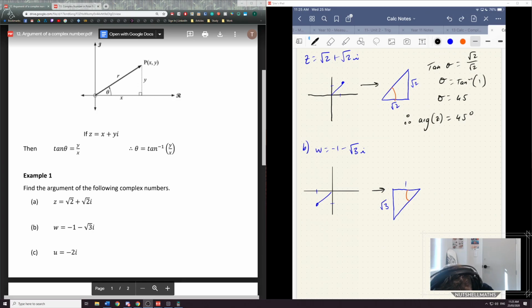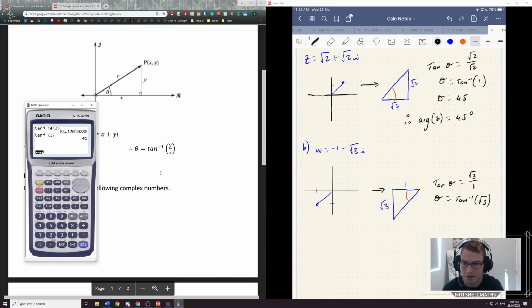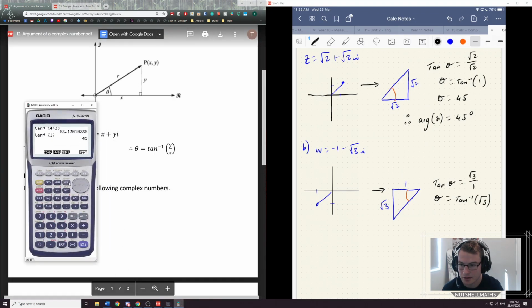So let's have a look at this. Tan theta is O over A. The O is √3 over A, which is 1. That means theta equals the inverse tan of √3. We can calculate that. I'll mark the argument in 1 second. Let me just do this.